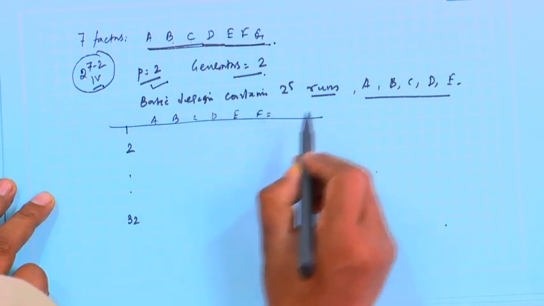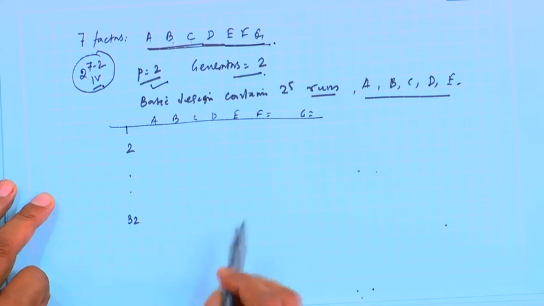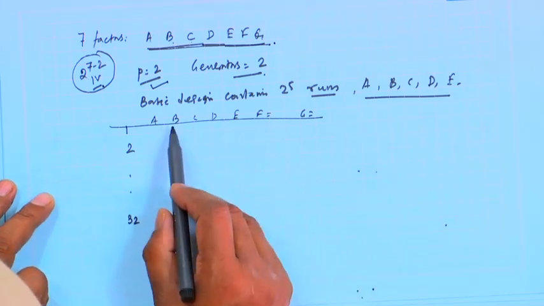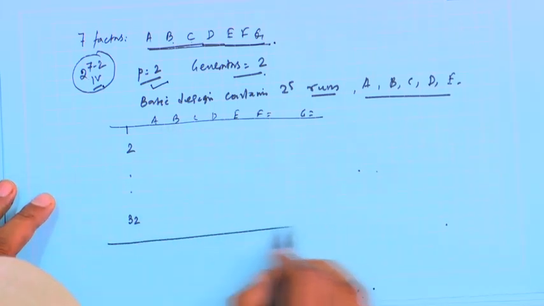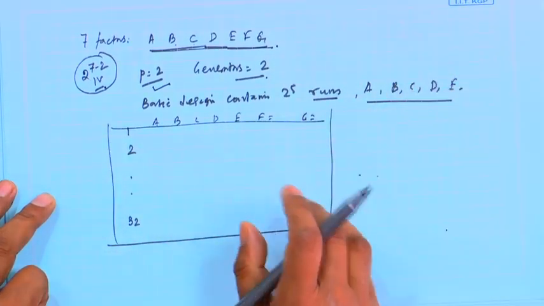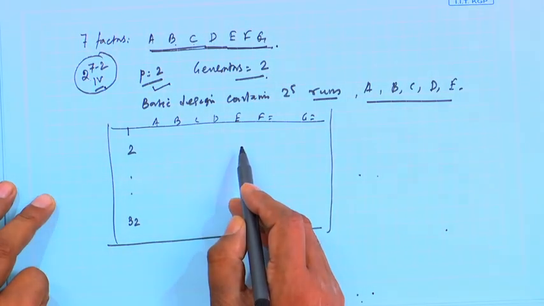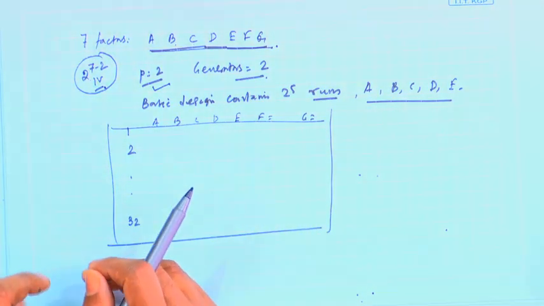Now, you have to choose F equal to and G equal to. So, there are plenty of options you can choose. It is desirable that these will be confounded with higher order interactions. So, 3 and more are considered to be higher order interactions.